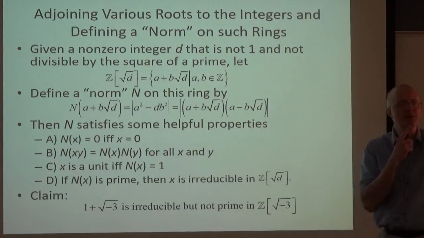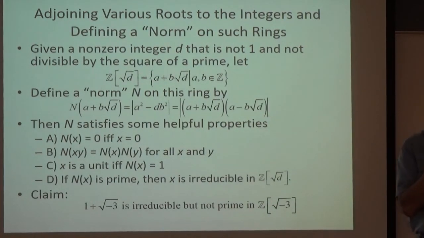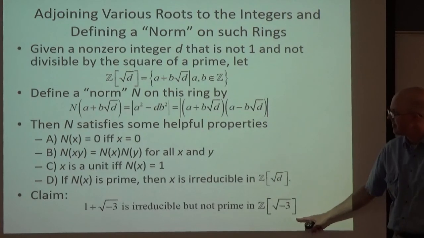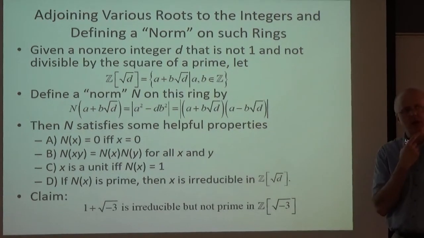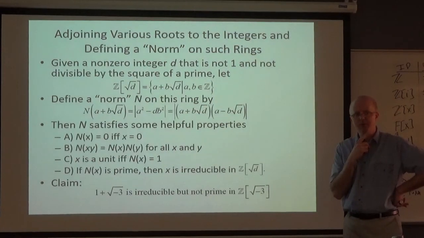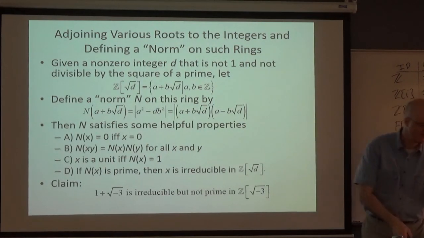There are irreducibles that are not prime in this ring. In Z, they're equivalent concepts. In the integers, primes and irreducibles mean the same thing. But in other rings, like this ring, there are irreducibles that are not primes. We'll take a quick look at the proof of that after the quiz.